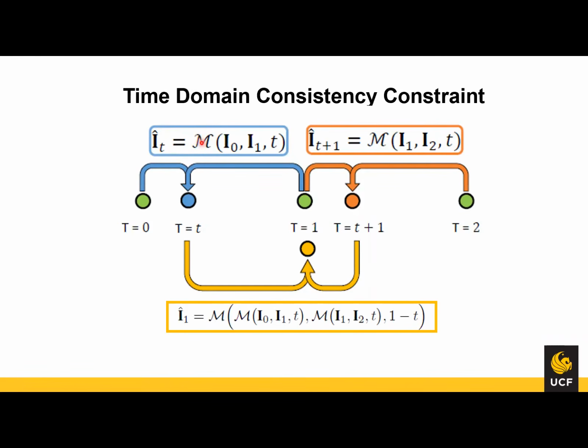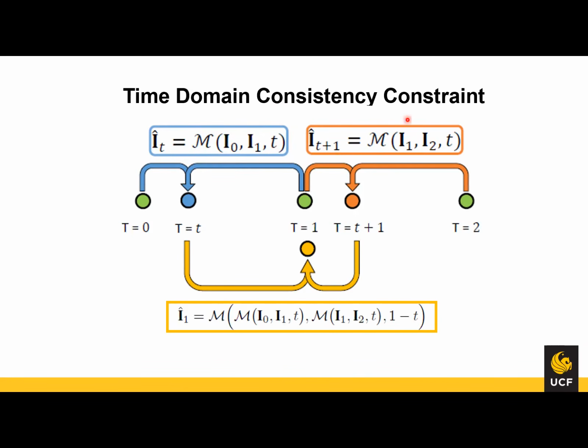So here's our model. The model is basically the interpolation network, and we're going to pass in the first consecutive images, I sub 0 and I sub 1, and we're going to give it a time parameter.